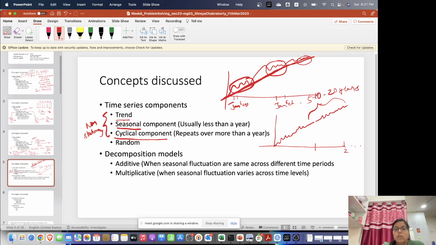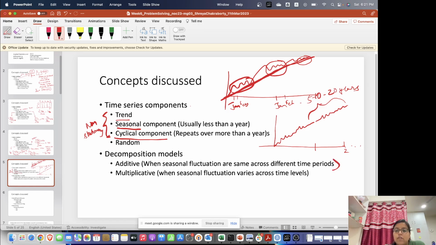So these fluctuations are essentially the trends, seasonality, cyclical movements. These patterns are somewhat definitive. And it's important to model these and remove these components to finally model the residual random component that is there in our time series.